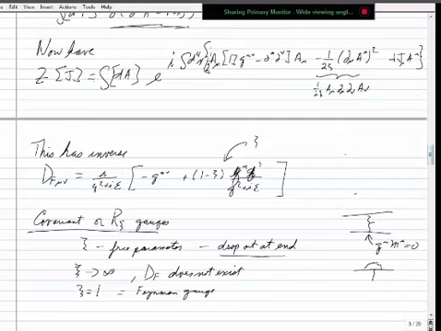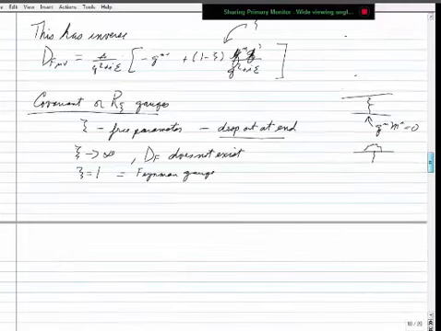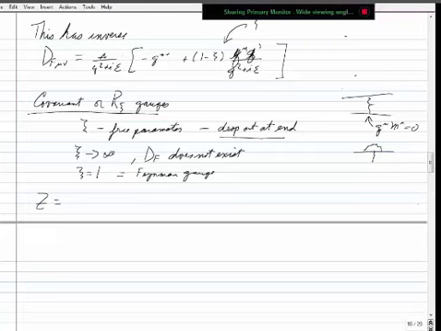Okay, so if I didn't have this extra operator here, it'd be like taking c goes to infinity. You can see that the propagator blows up.